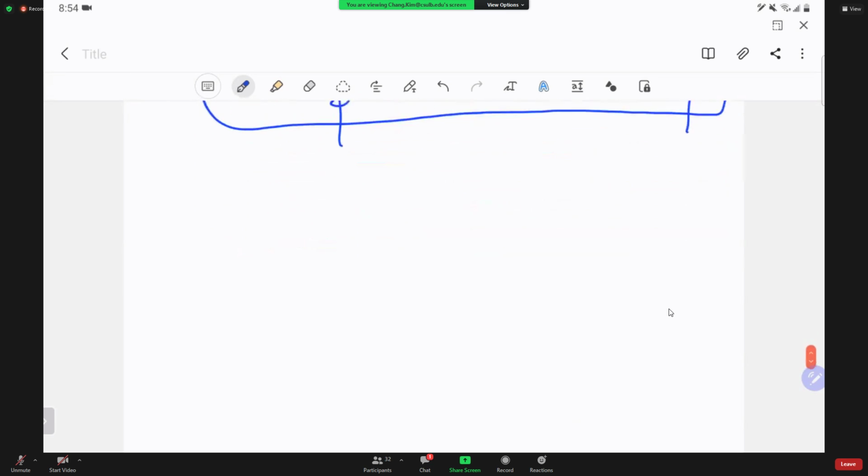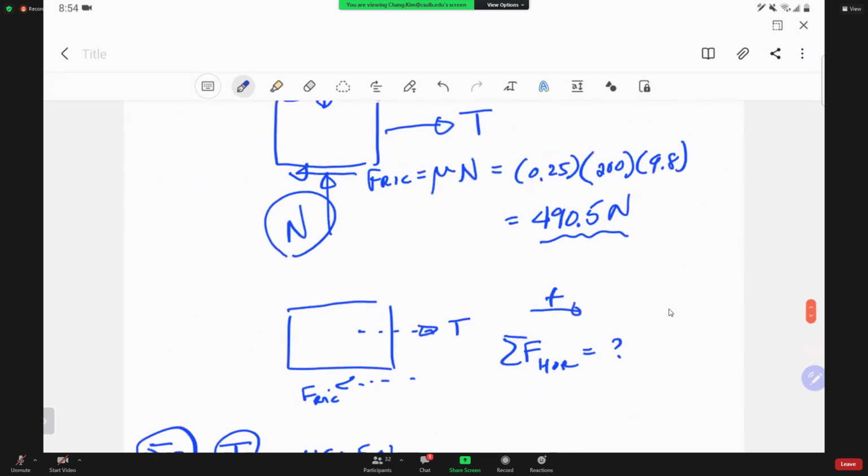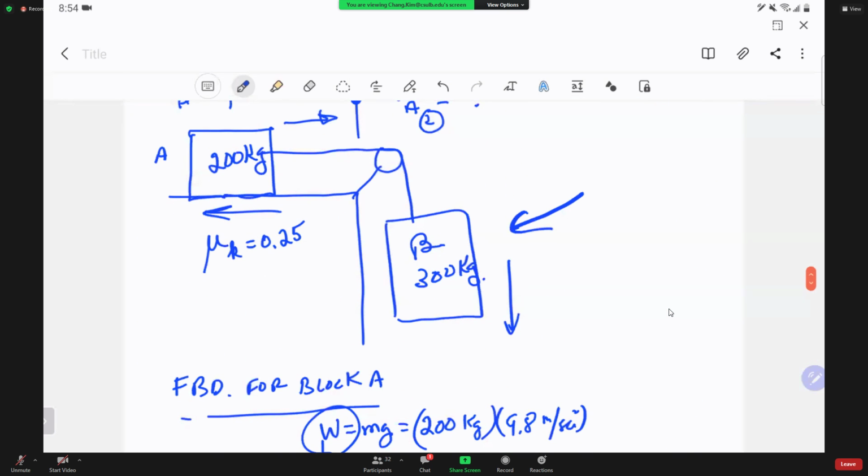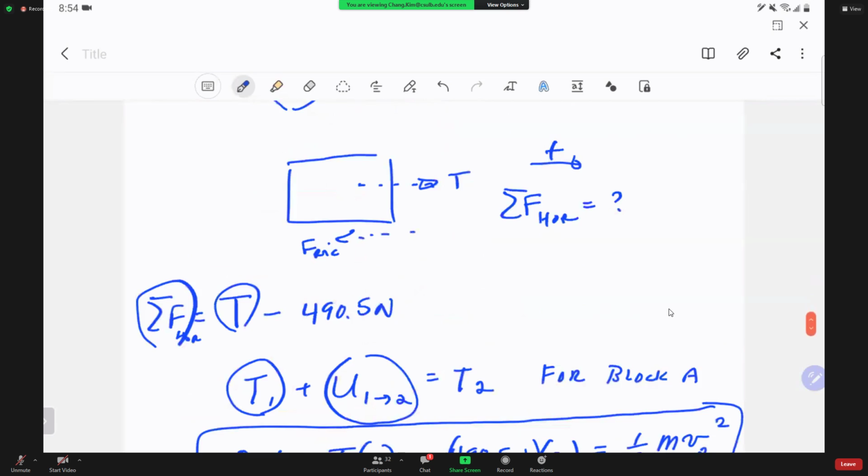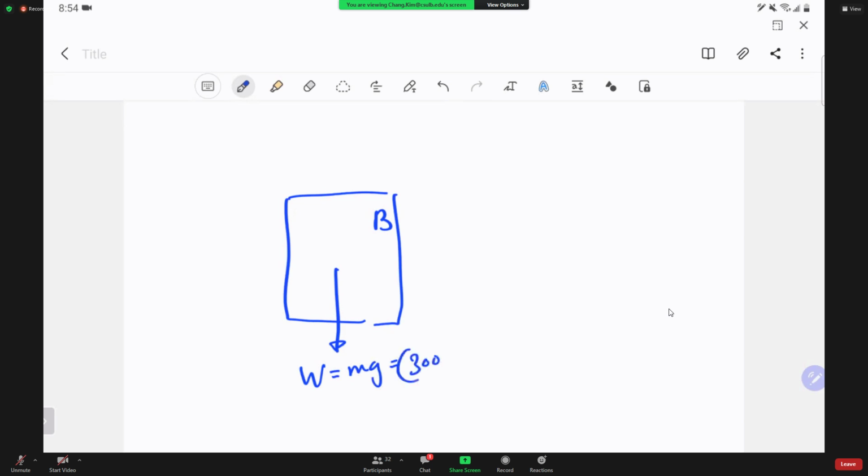Now let's move on to block B. Let's go ahead and check what kind of forces are applicable for block B. Obviously, the weight mg, where the mass is 300 kilograms and gravity is 9.8 meters per second squared. And there is a tension.